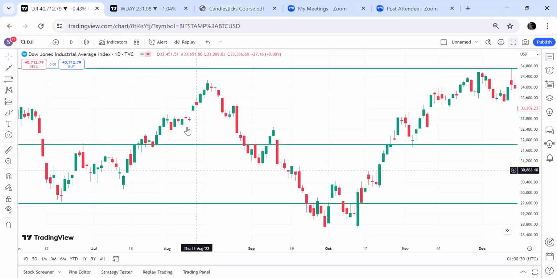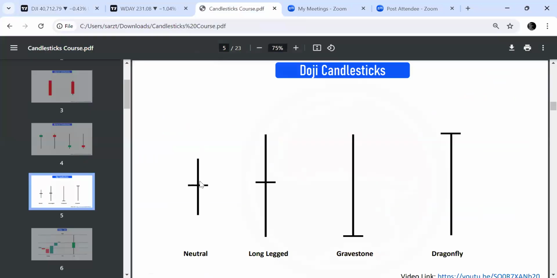So here we have four types of candle. This we can call a neutral candle or doji candle. We call this one the long-legged doji, this one the gravestone doji, and this one the dragonfly doji. This neutral candle forms when the open and close prices are virtually the same, resulting in a very small body with wicks extending above and below the body.